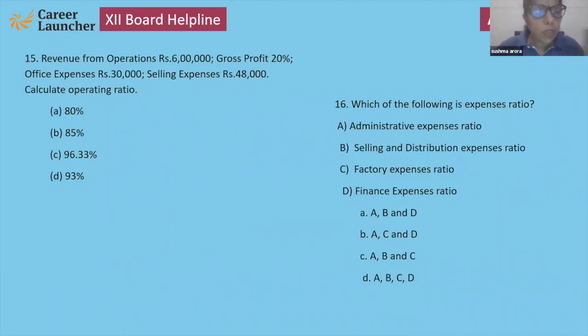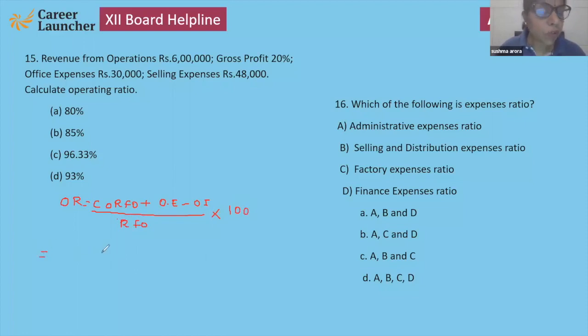Operating ratio. Do you know the formula of operating ratio? Operating ratio will be a simple formula: cost of revenue from operations (COGS) plus operating expenses, minus other income, upon net revenue from operations (RFO), into 100.